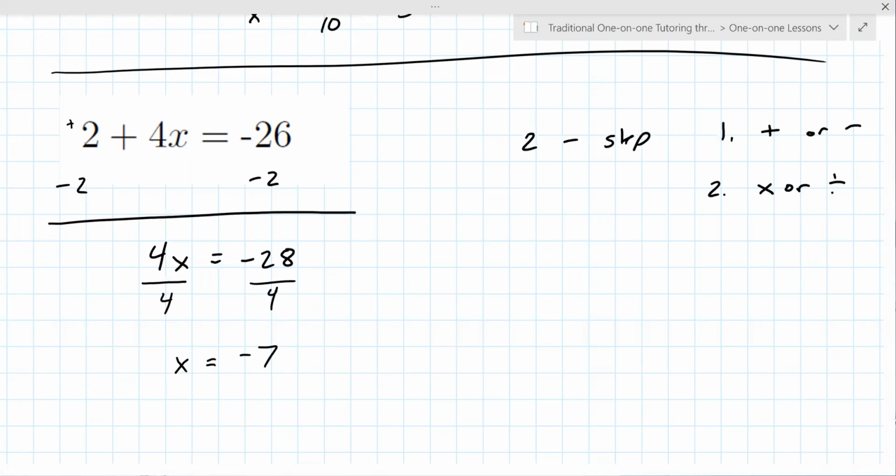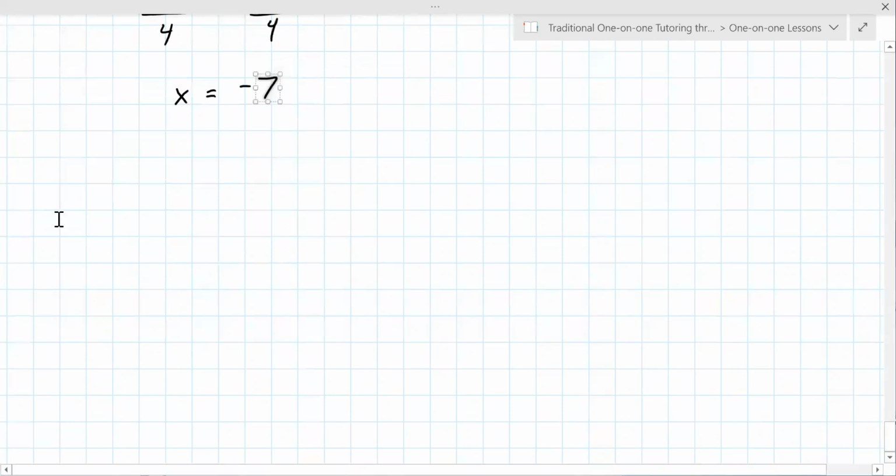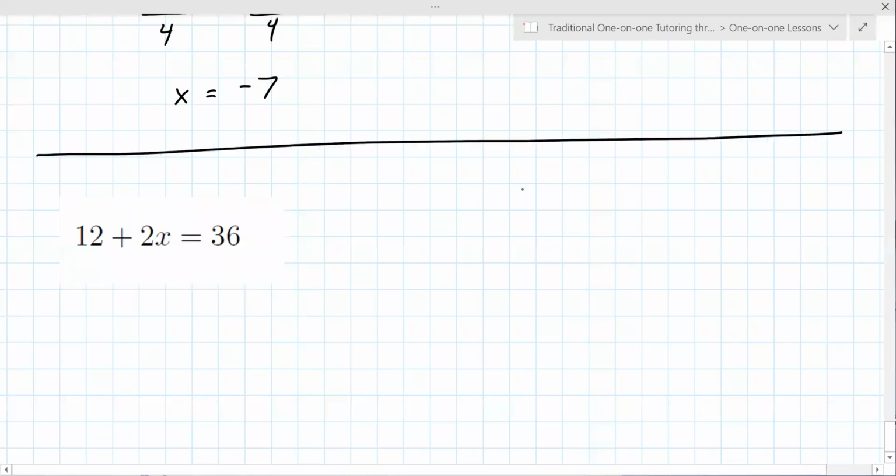All right, let's try another one here. I'm going to give you kind of the same speech. Again, this is a two-step equation. The first step is always adding or subtracting. The second is multiplying or dividing. The variable's on the left side here. What is the 2 doing to the x?